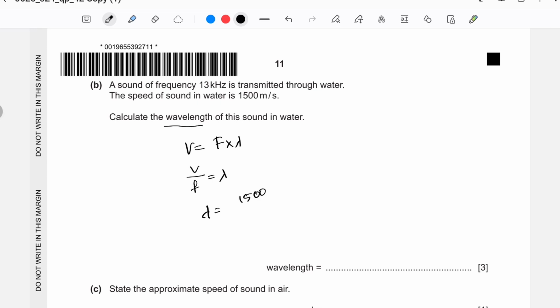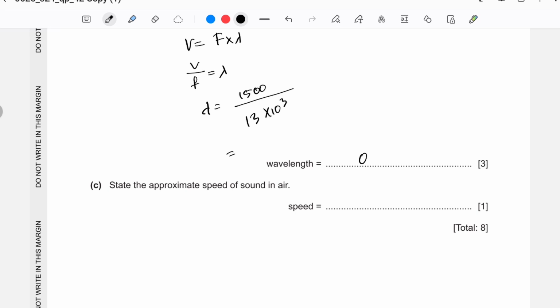The velocity is 1500 divided by the frequency. It is in kilohertz, so we have to convert it. The wavelength is 0.12 meters.